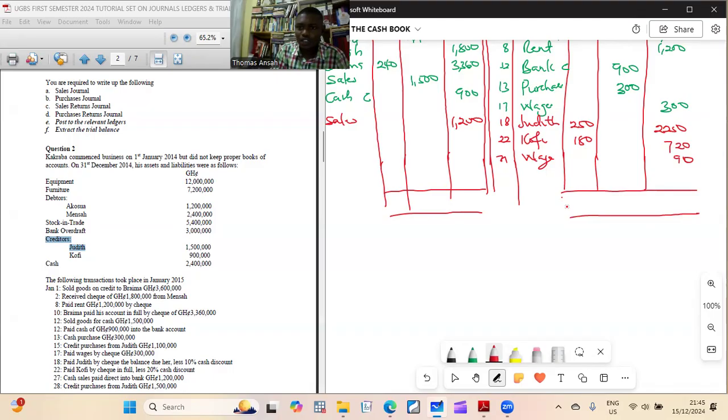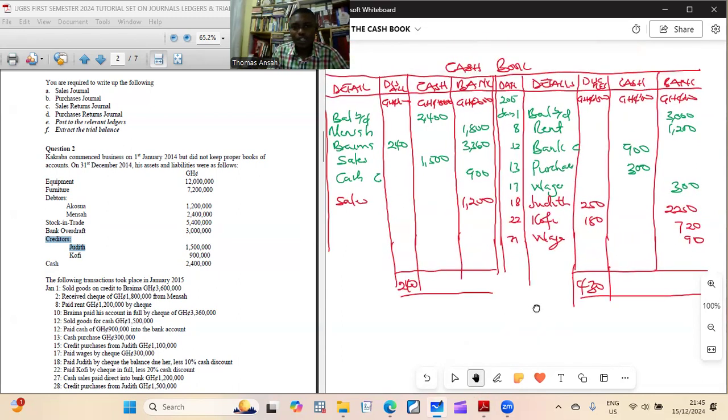So as for this side, you just total them. Okay, there's nothing like balance brought down or anything. So 250 plus 180. The total is what you did in their individual account. So you remember discount allowed. So you could have just waited and post the 430. This one too is 240. That's all. Nothing left. All right.